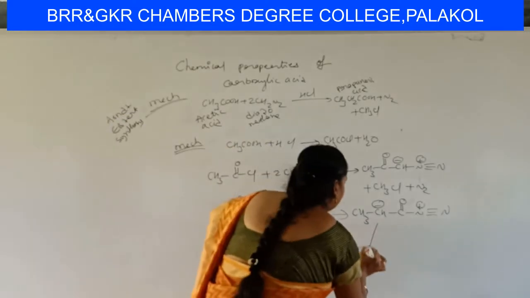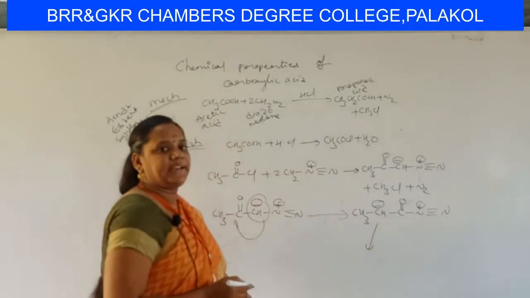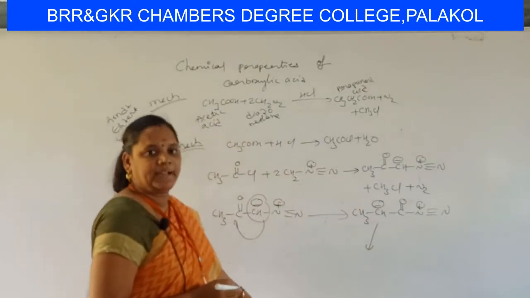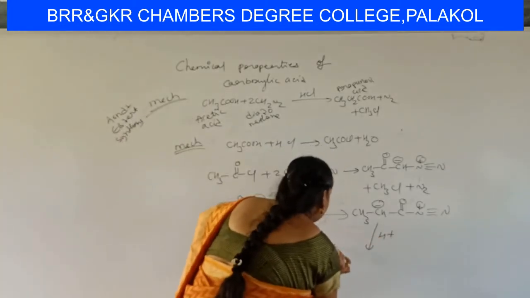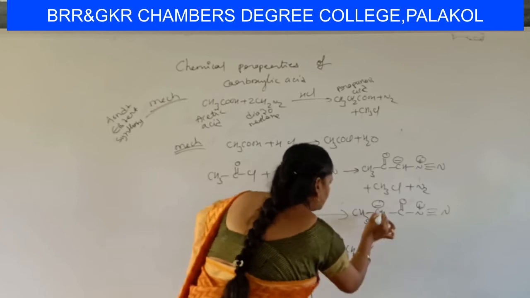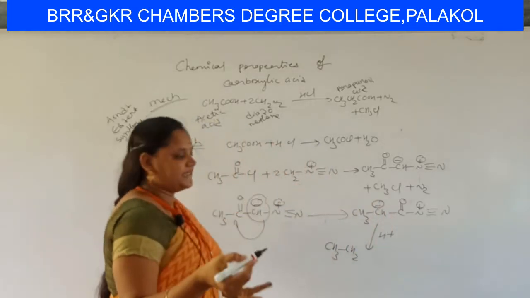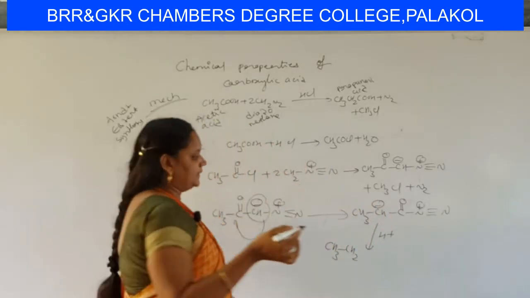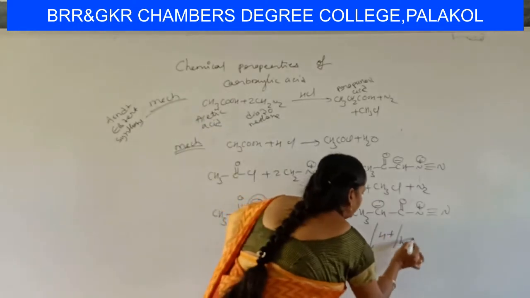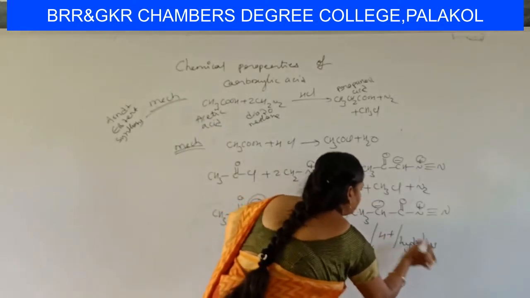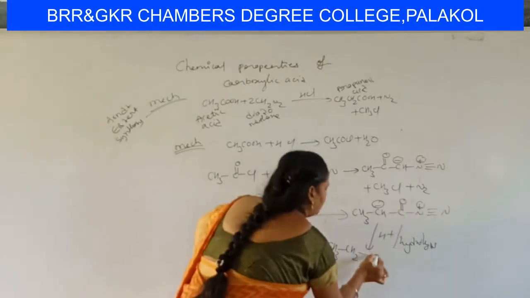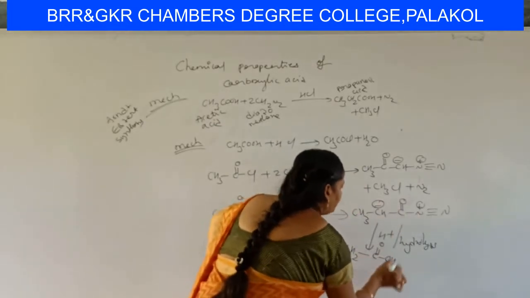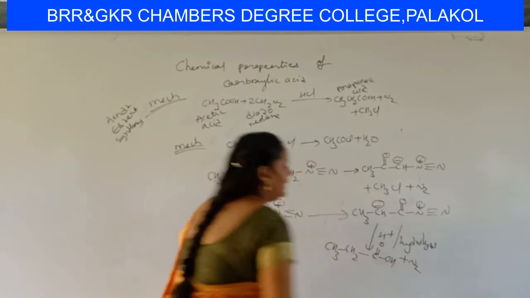And finally, what can take place, students? Acidic hydrolysis. What happens? You will get CH3CH2. For CH minus, we are adding H+. We are doing acidic hydrolysis. Okay? You will get CH2 and CO. We take the remaining OH, plus N2 will be left.